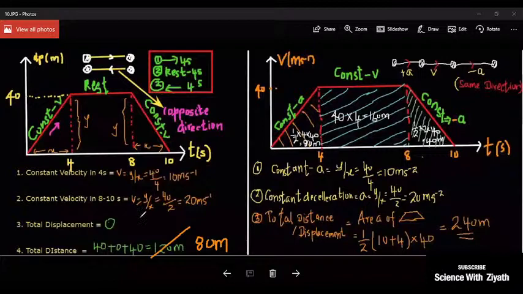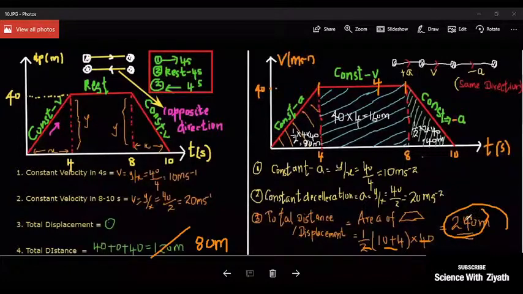But here, if you want to find this displacement, you have to find all this area. Area of trapezium. Here 10 plus here 10. Parallel sides means the length of the parallel lines. The 10 plus, and this gap is how much now? 8 minus 4, 4.